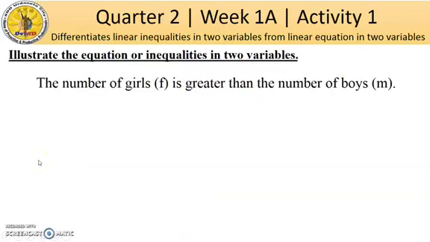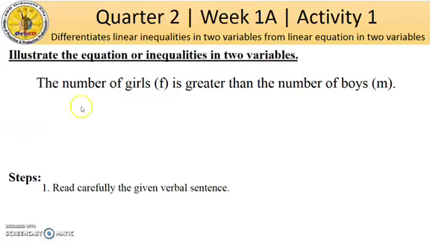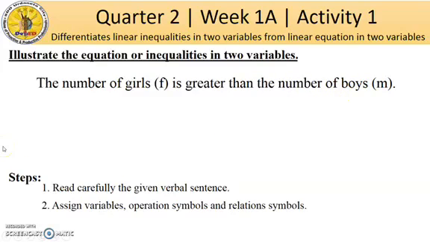Now, let's have the next example. The number of girls is greater than the number of boys. Of course, we need to read first the given sentence again. The number of girls is greater than the number of boys. Now, let's assign variables. So the number of girls, it was given that we will represent by variable f.